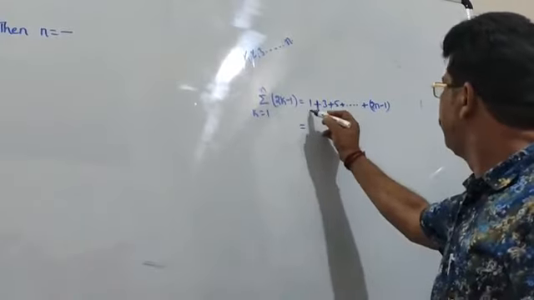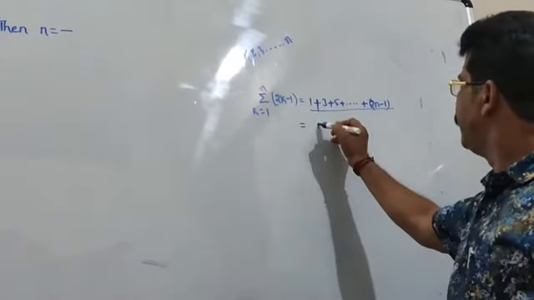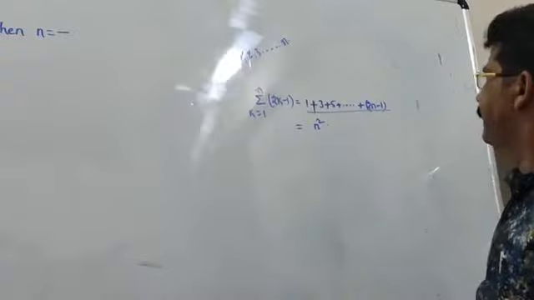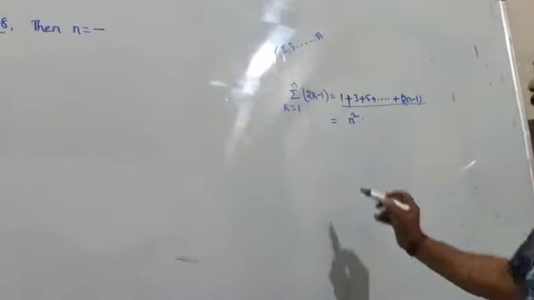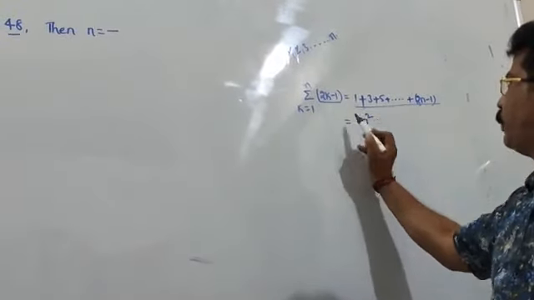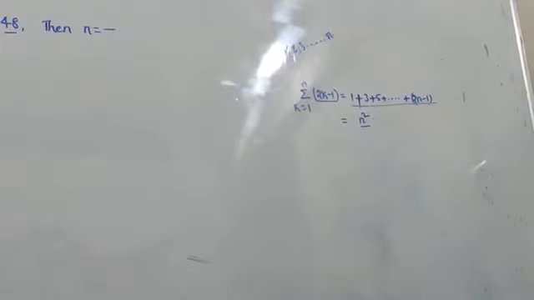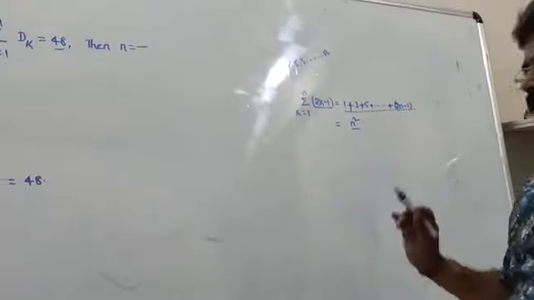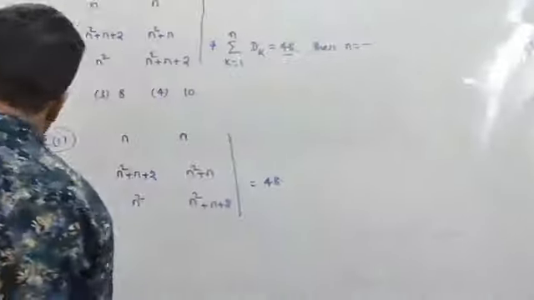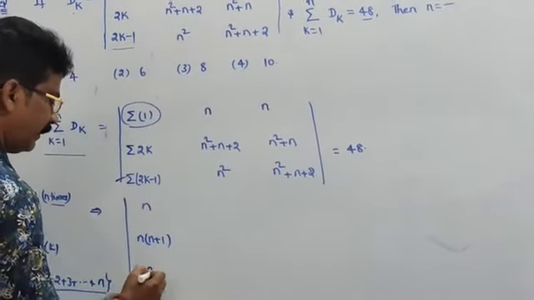Already I said this value in 11th standard: n square. So sigma of (2k minus 1) has value n square. Of course these are the fixed, standard values. So its value is equal to n square.